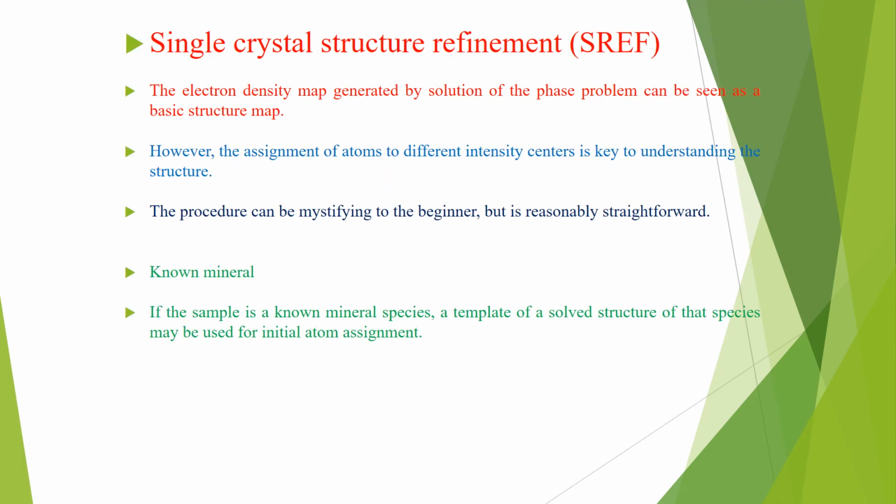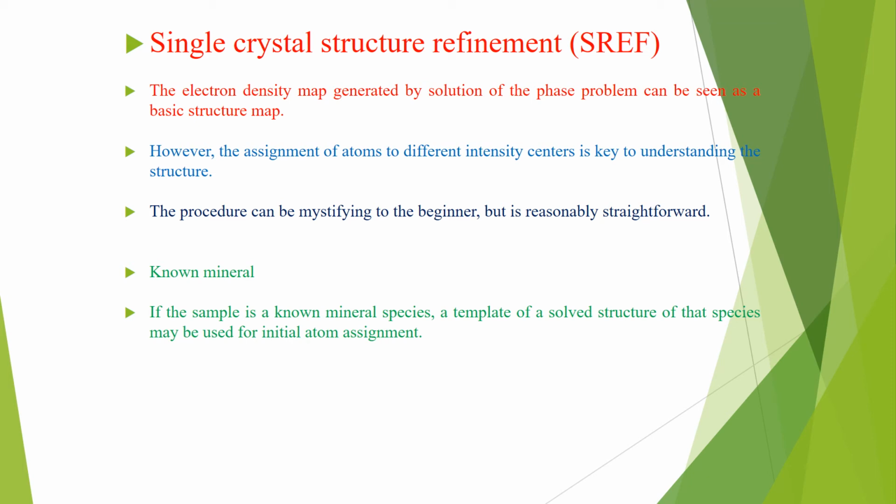Dear student, in this slide we are going to discuss something about single crystal structure refinement, SREF. The electron density map generated by the solution of the phase problem can be seen as a basic structure map.